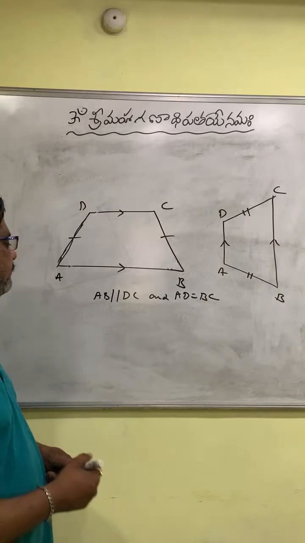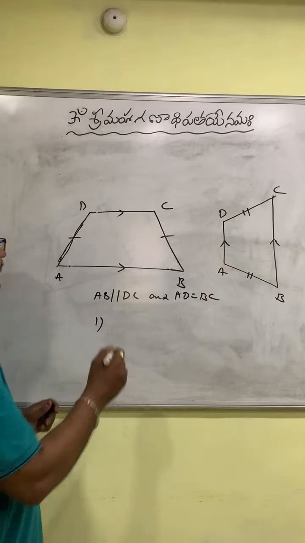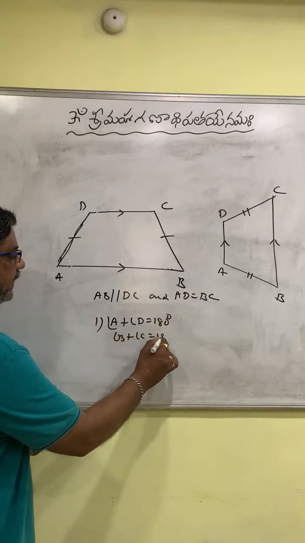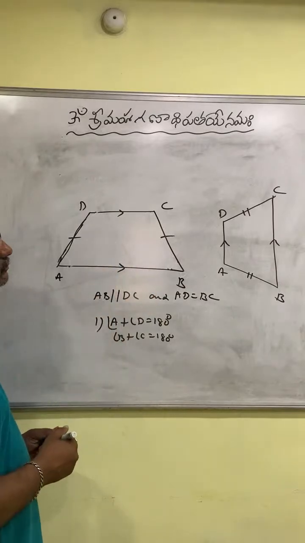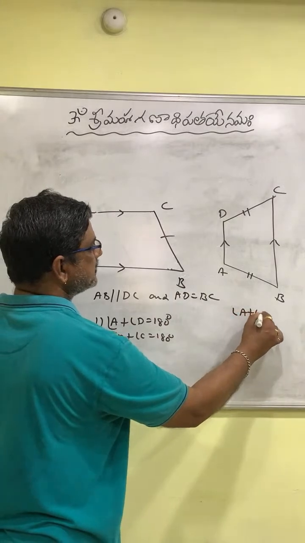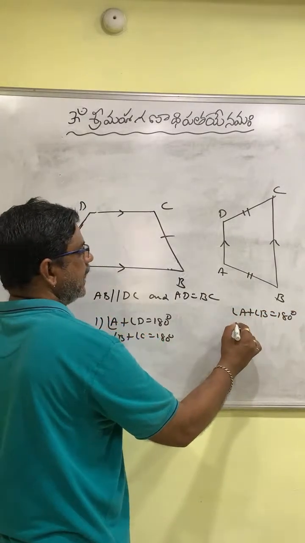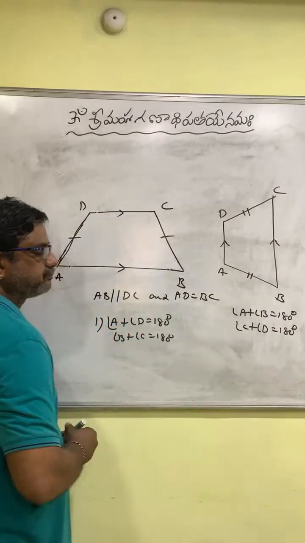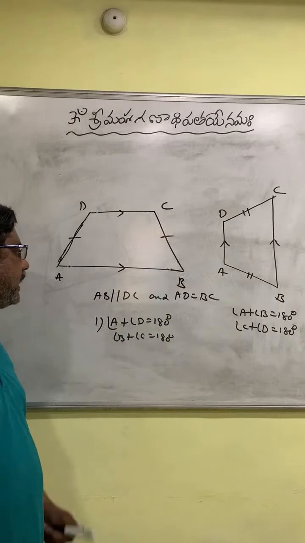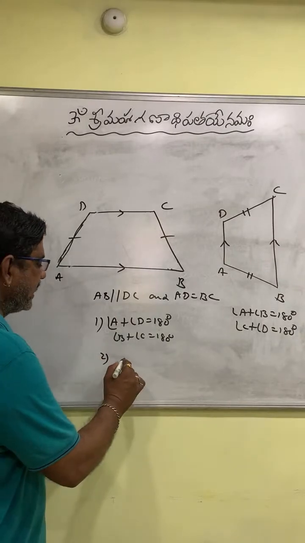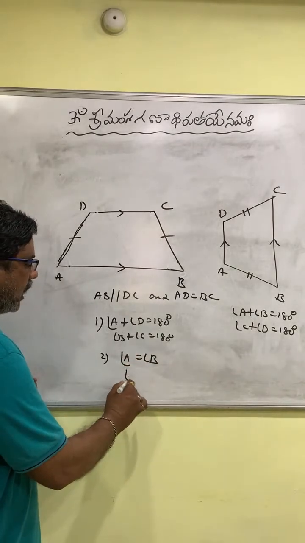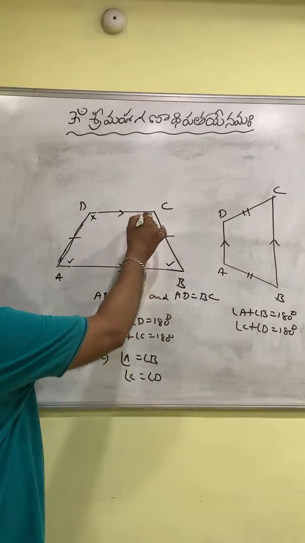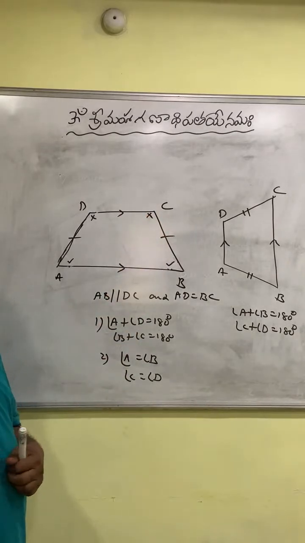Properties of isosceles trapezium. First property, what we said earlier: angle A plus angle D is 180, angle B plus angle C is 180. I am talking about this figure. In this figure, angle A plus angle B is 180, angle C plus angle D is 180. Okay? Next, second property, base angles equal. Similarly, top angles equal. These two are equal, these two angles are equal. This is the second property. Note down, children.